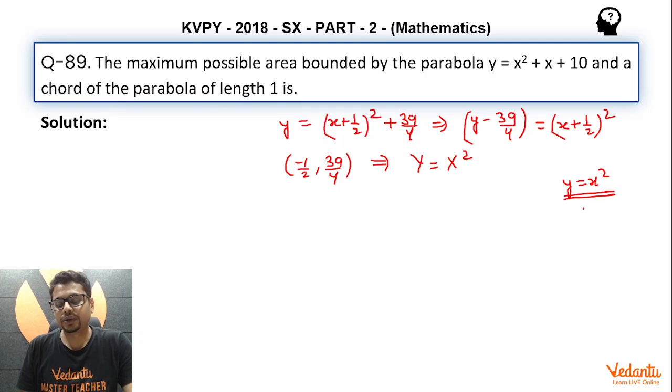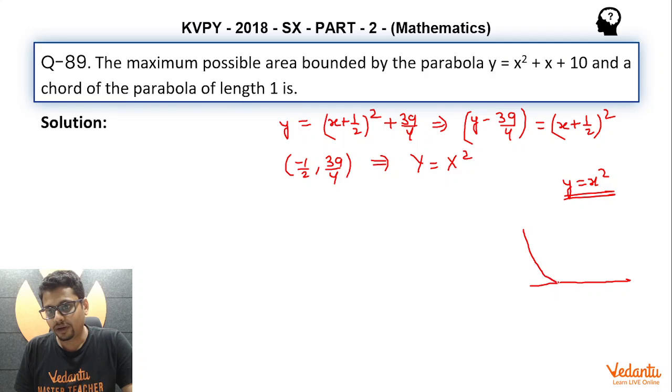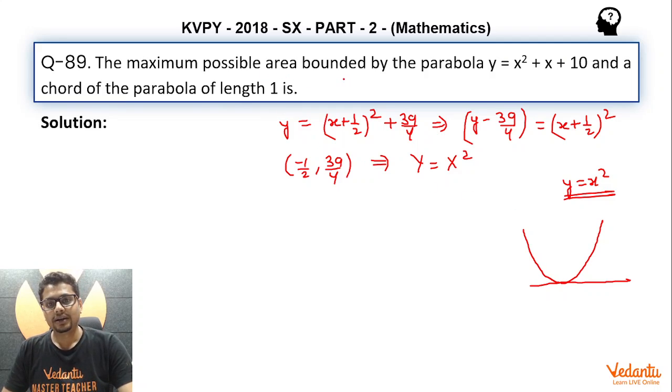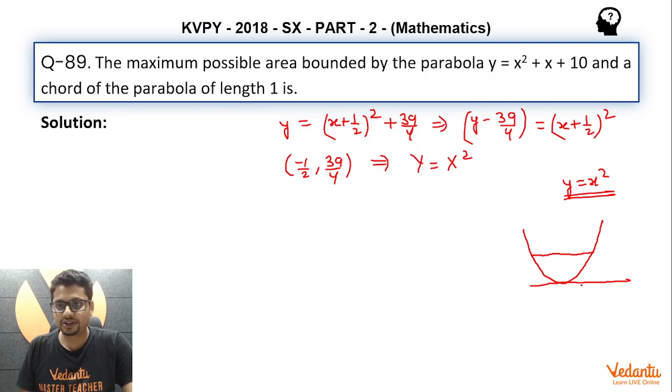So here, now let's consider y equal to x square. And what we are looking for is the maximum area bounded by a chord of length 1 and y equal to x square. Now, by symmetry, we may say the maximum area should be bounded by that chord which is parallel to, you may say, the tangent at the vertex of this parabola.